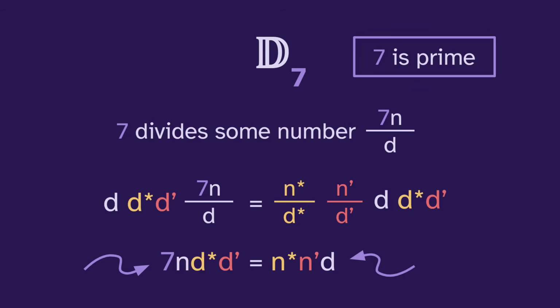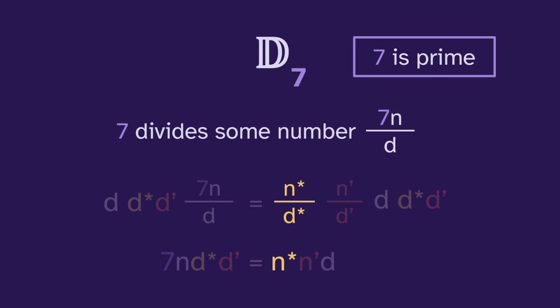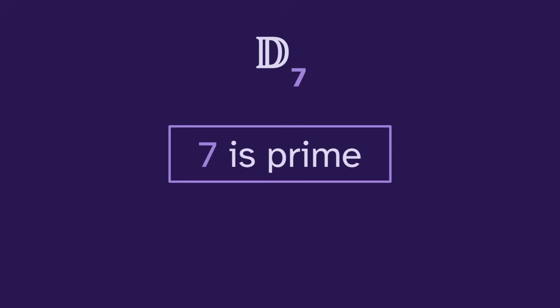But 7 cannot divide the denominator because we're in D7, so it must divide one of those numerators, meaning that it divides that factor too. And that's what we wanted to show. Factoring carries forward divisibility. So 7 is prime in D7. It acts a little different from the integer primes that we're used to, but it's still prime.